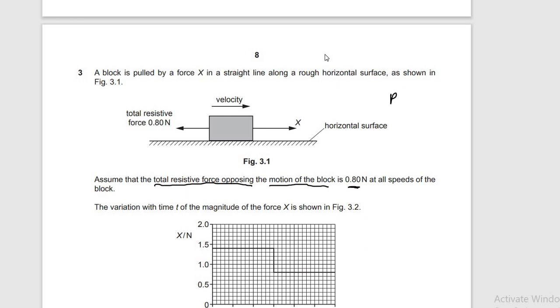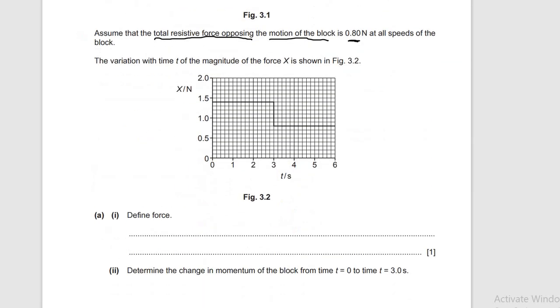So let's take note of that. Resistive force is 0.8 Newton, which means that the resultant force on this block is x minus 0.8. Take note of this. This is the resultant force on this block, x minus 0.8. So look at the variation of force with time.